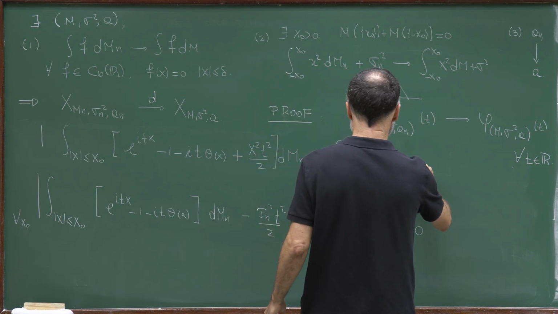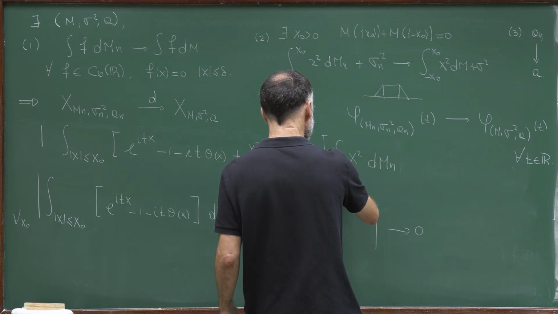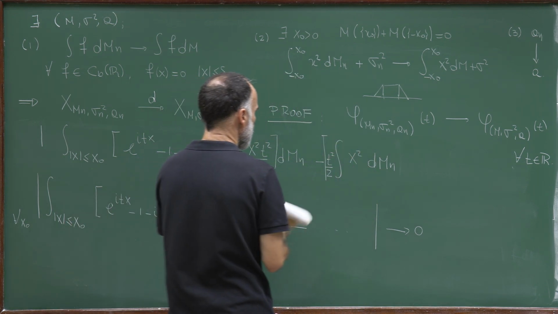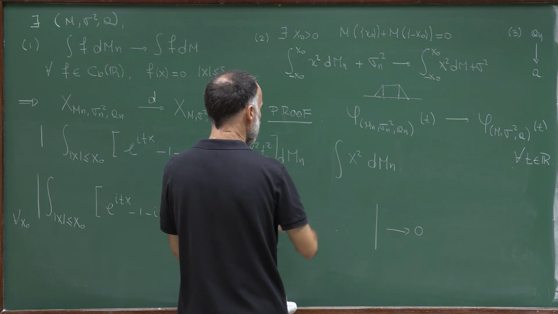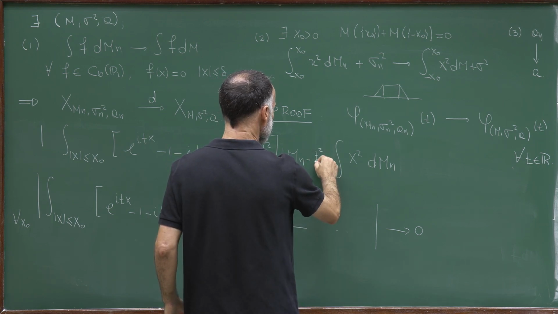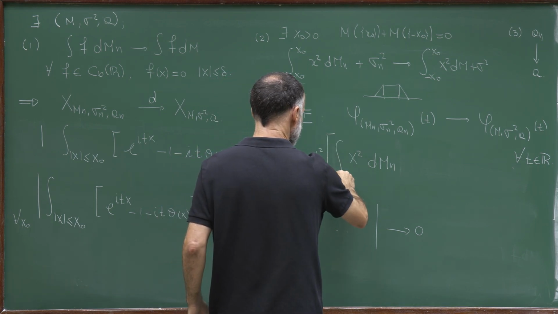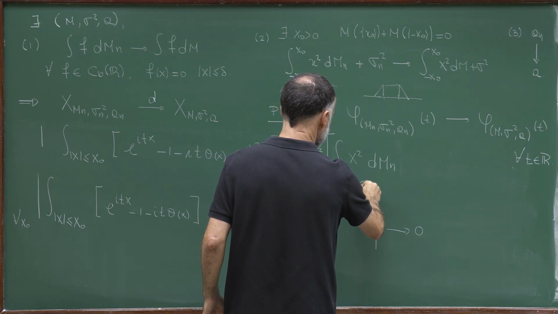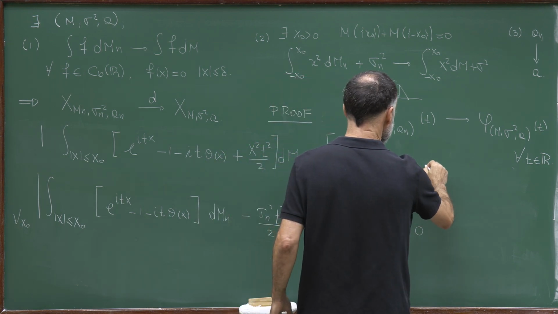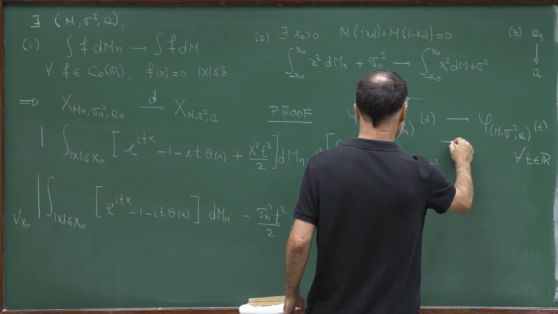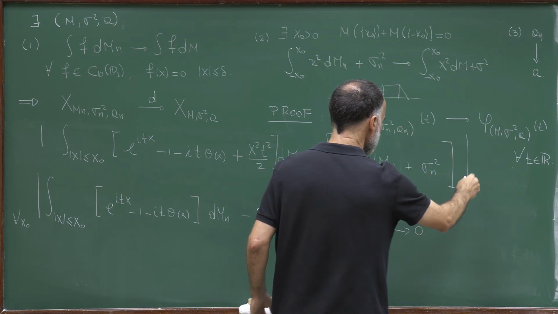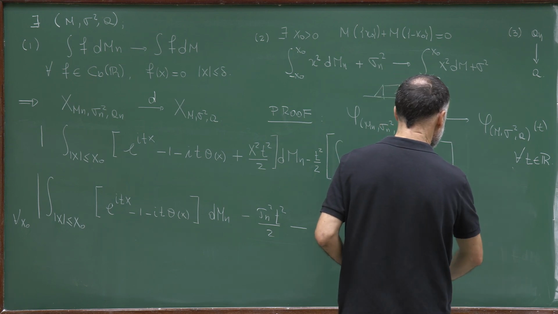And I have here minus, so let me put minus t squared divided by 2 times the integral over x smaller than x0 plus sigma n squared, and minus the expression.